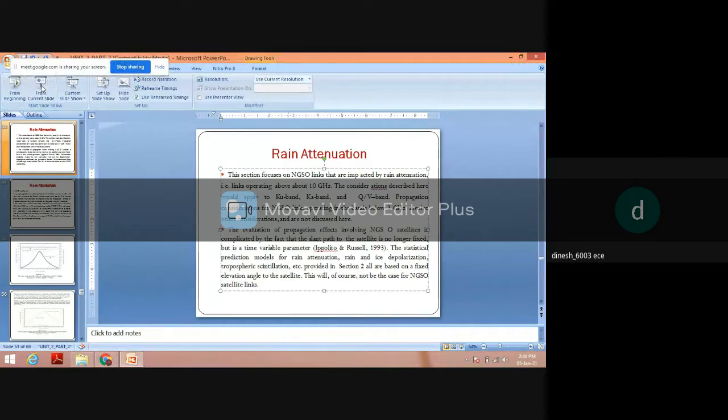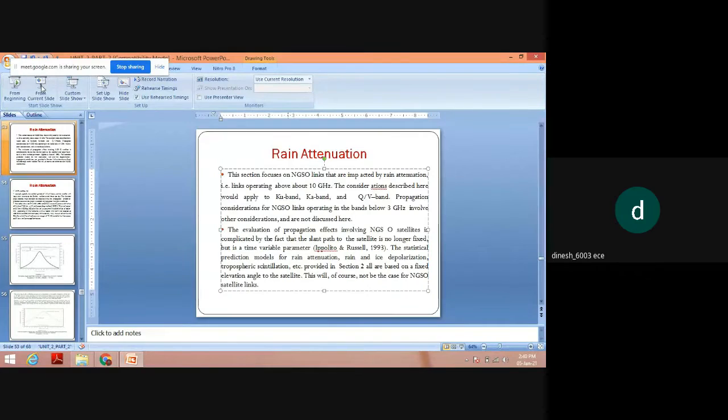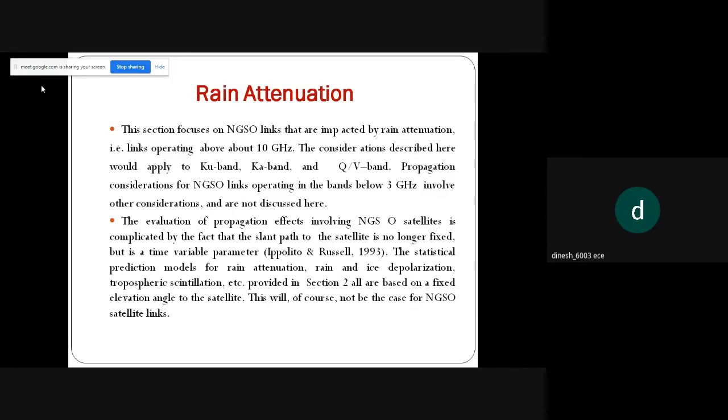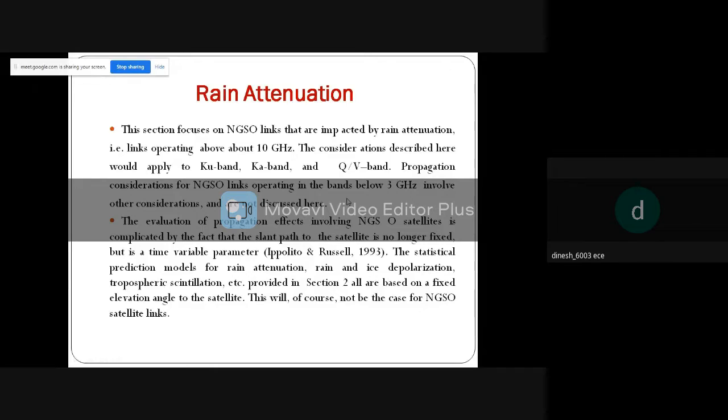Rain attenuation is not considered because though rain comes in that band, if rain comes and you are using the 3 gigahertz band, the propagation is not affected.